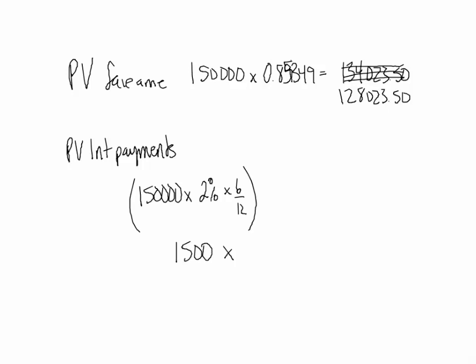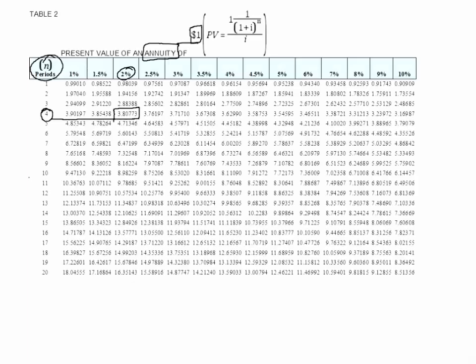I'm now going to multiply this times a factor. In order to get the factor from the present value table, I'm going to go to the present value table for the annuity. What is my N? 8. What's my interest rate? 2%.